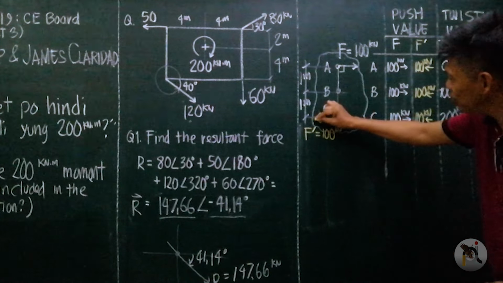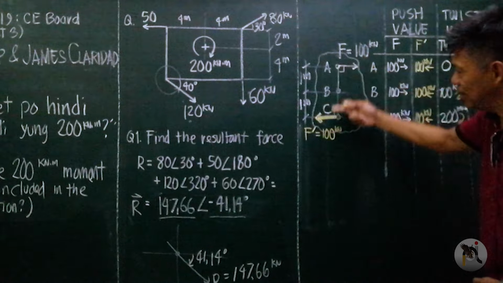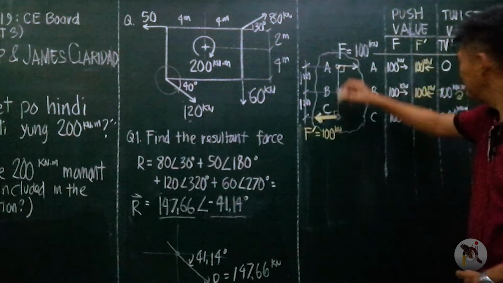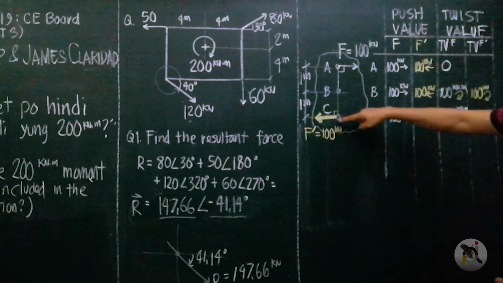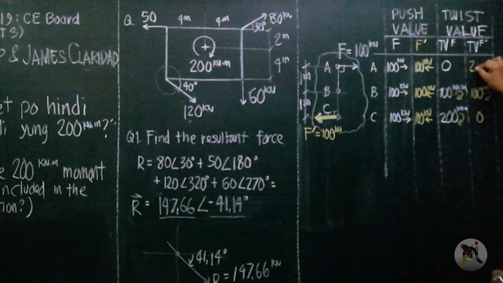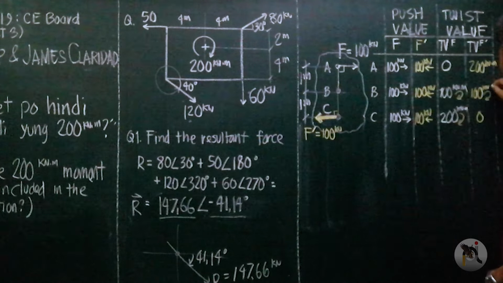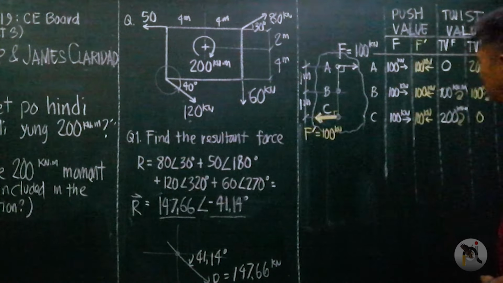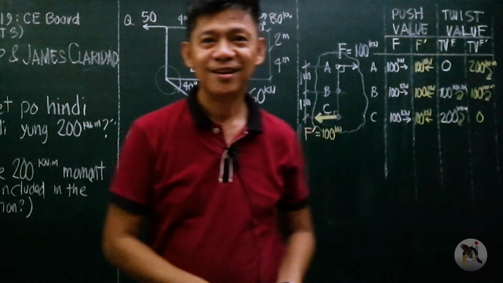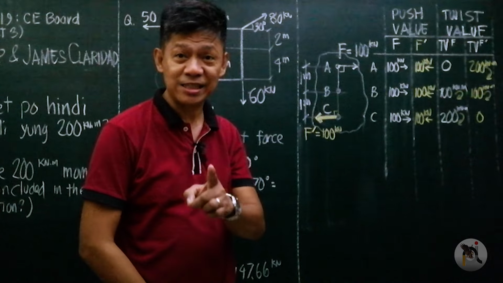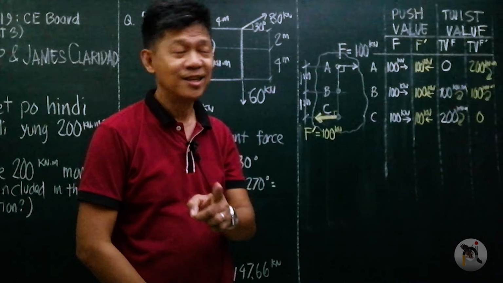The twist value of this at point A is 100 times 2 meters, 200 kilonewton meter clockwise. You follow? So our twist value increases with distance.